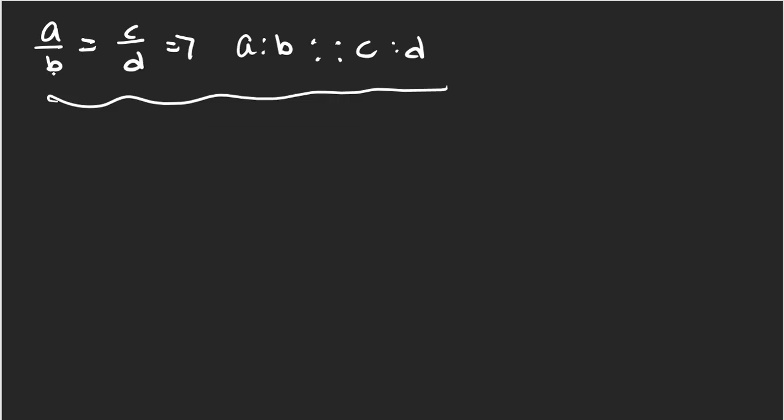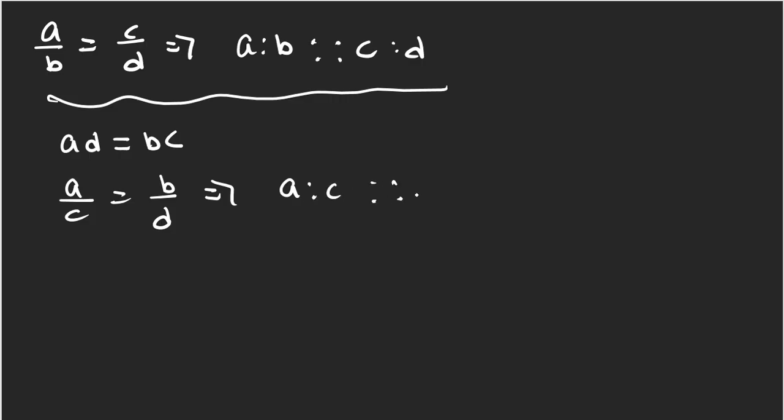Before that, this a by b is equal to c by d can be written, by cross multiplication, as ad is equal to bc, or it can be written as a by c is equal to b by d, which will become a is to c proportional b is to d. So what you observe, these two can be interchanged.